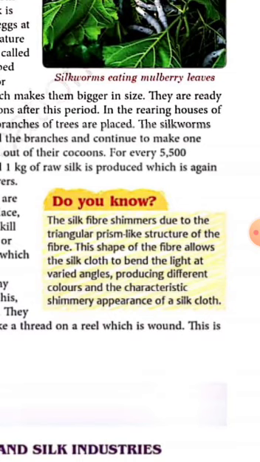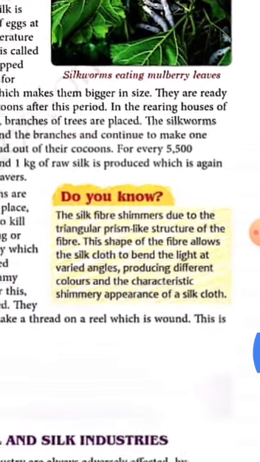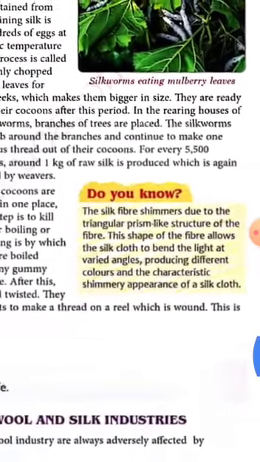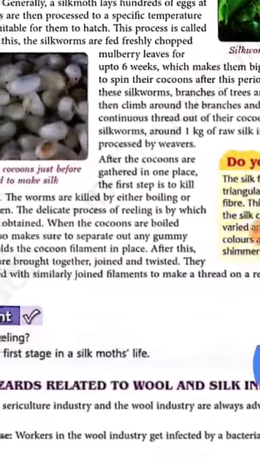Triangular means three-sided. Due to this prism-like structure, they bend the light at different angles and produce different colors and the characteristic shimmering appearance. That's why silk cloth looks shimmery, and the silk fiber looks lustrous and shiny. So that is about silk.